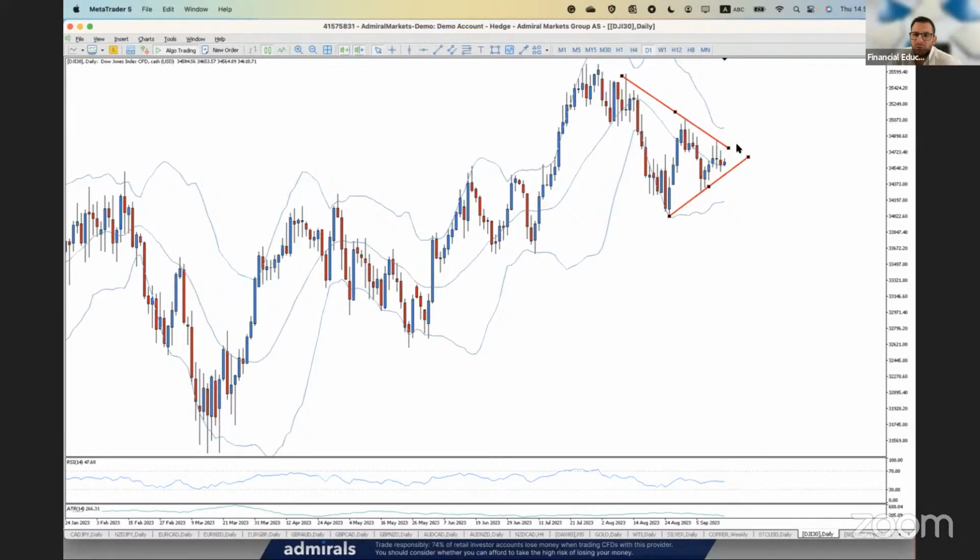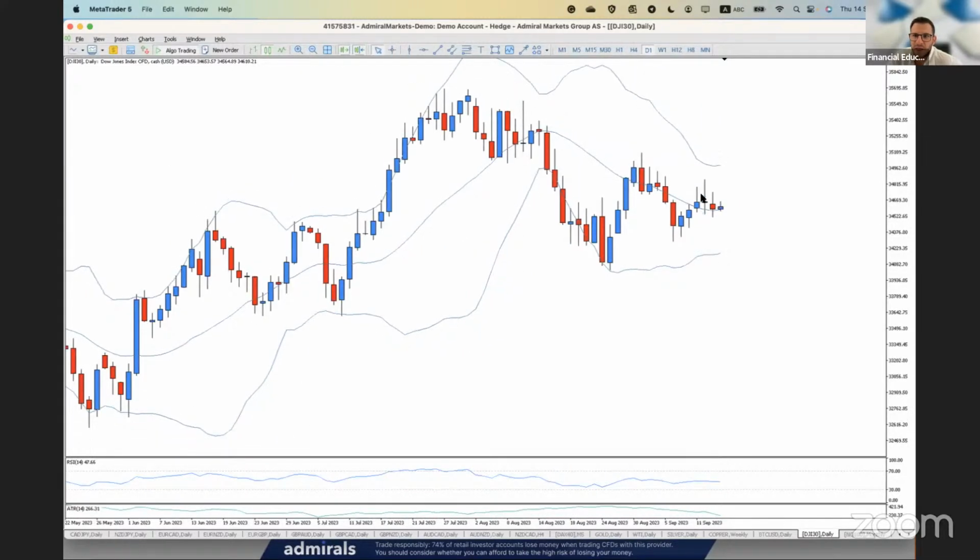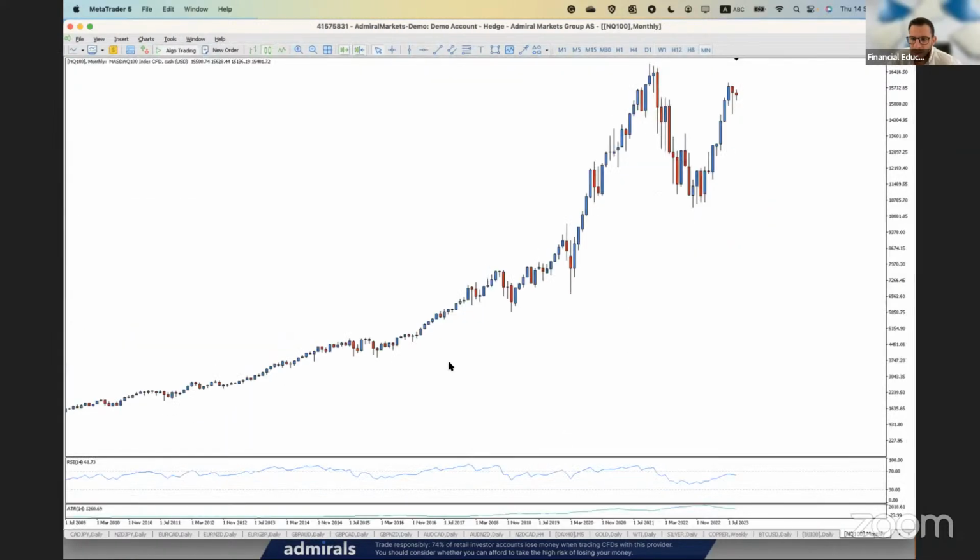So we have to wait for a breakout to see if it's going to continue to the upside or to the downside. For me, as I commented yesterday on this market, with this doji candle, I didn't go short. I'm not going long now because I don't see any price action. The price action is not right at the level of support to buy it.